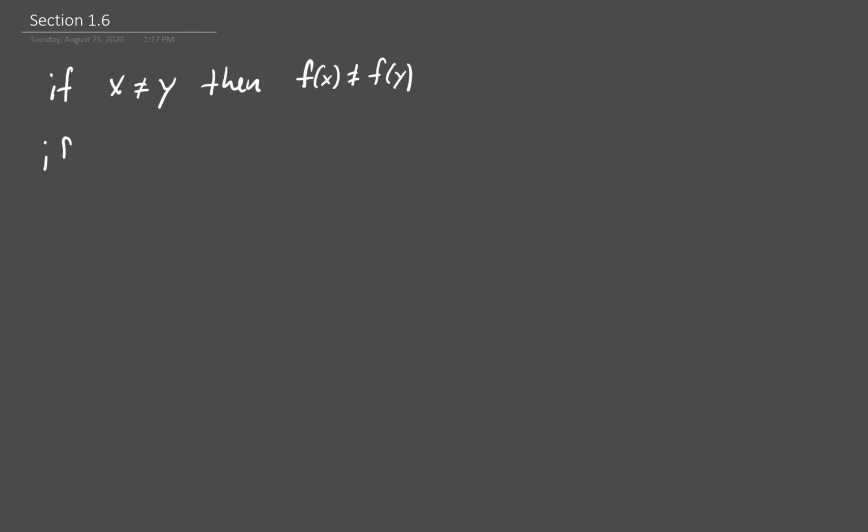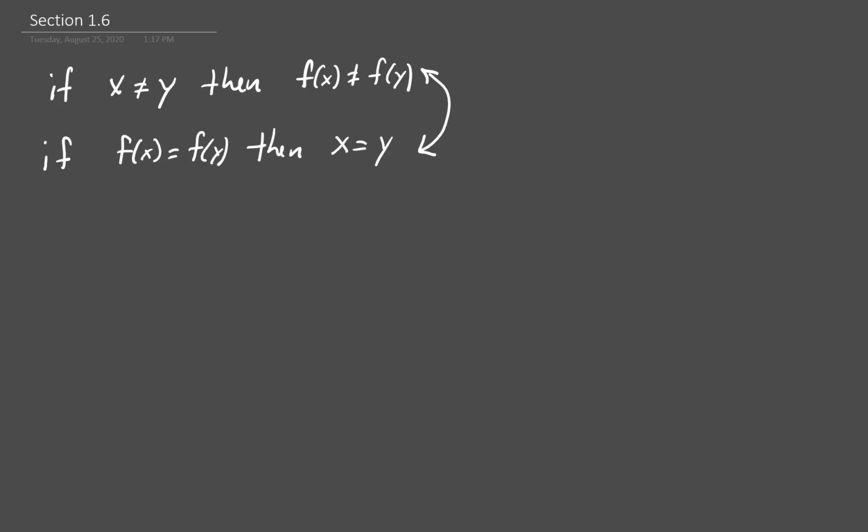That means that if I have the same output, f of x equals f of y, right? If I tell you that the function gave me 4 when I put in x, and I also got 4 when I put in y, I want to be able to say that x was equal to y, right? Then x equals y. And these two statements are exactly the same logically.